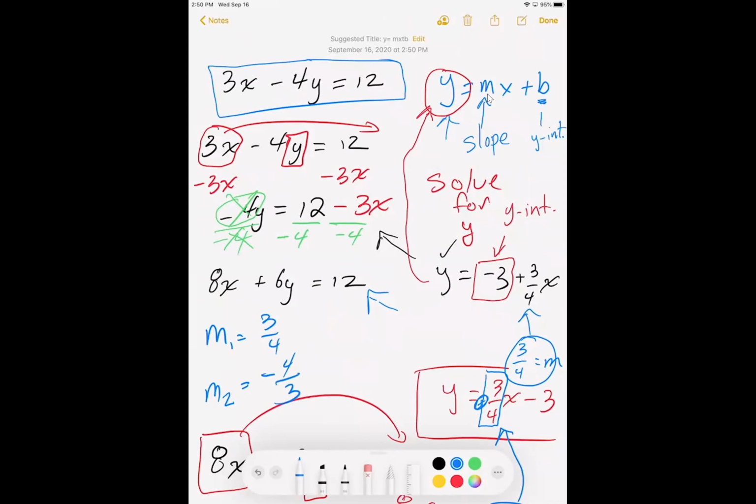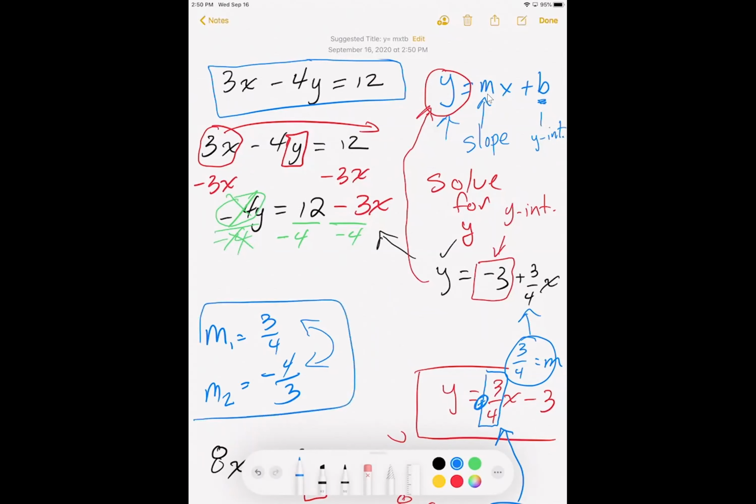As you can see, these two are opposite and reciprocal of each other. Because they are opposite and reciprocal of each other, we say that they are perpendicular to each other. So looking at example A, they are perpendicular.